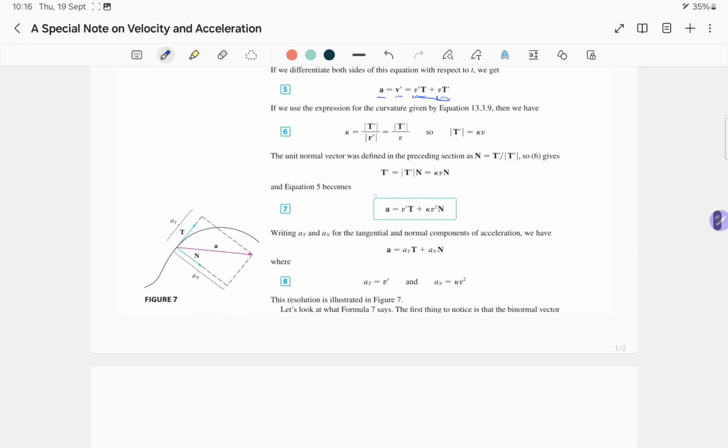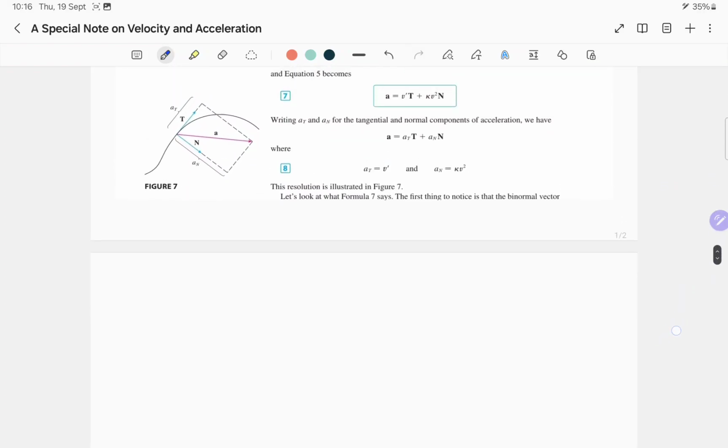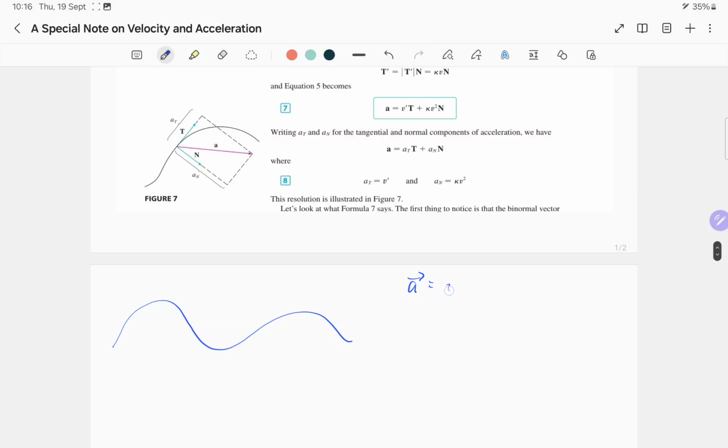However, this has a physical explanation. How do we do that? First, I want to use this formula to form a physical explanation. a is equal to nu prime T plus kappa nu squared N. And we know that the curvature is 1 over r, so it is nu prime T plus nu squared divided by r times N. Wait a second, what is this?